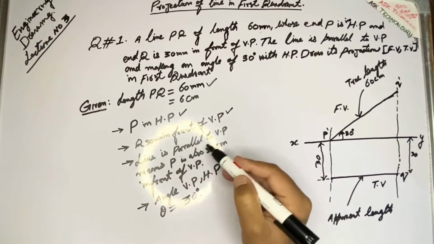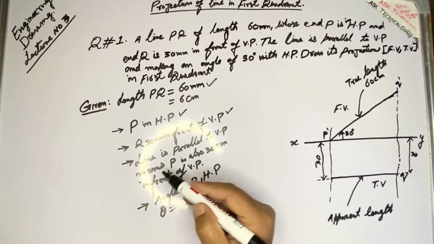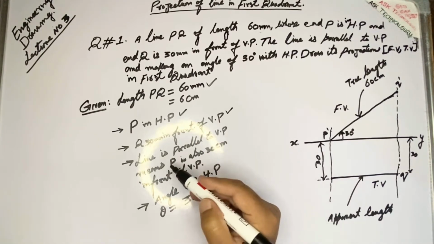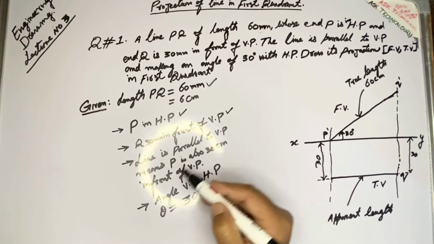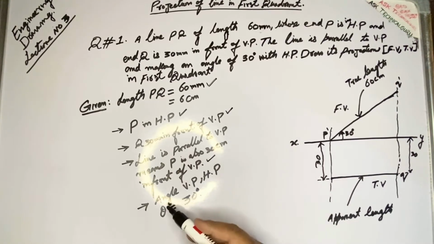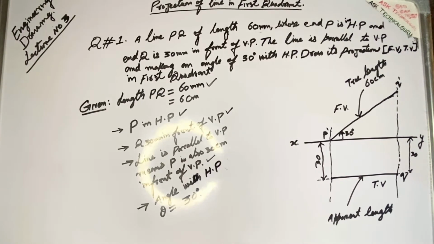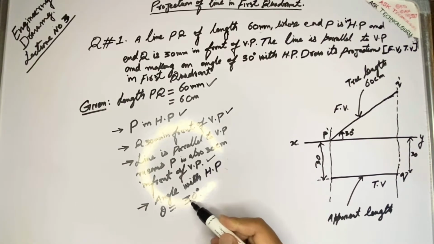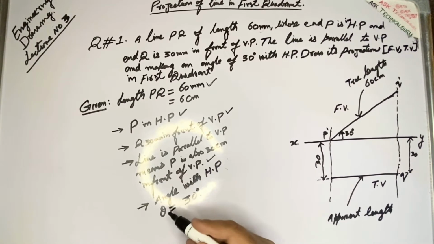Line is parallel to VP, which means P is also 30 mm in front of the vertical plane. Angle is given to us. The angle which the line makes with the horizontal plane is 30 degree, usually denoted by theta.